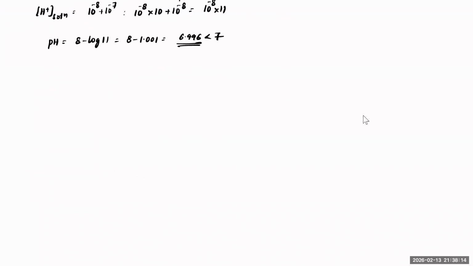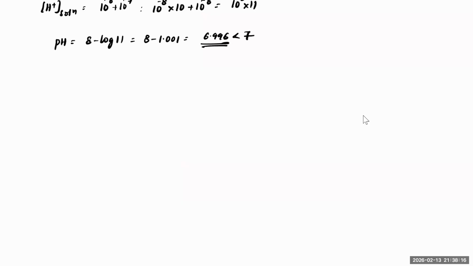Right. Now let's talk about buffer solutions. To understand the buffer solutions, one must know that there are two types of buffer. One is acidic buffer, the other is basic buffer. Of course, there are neutral buffers also.